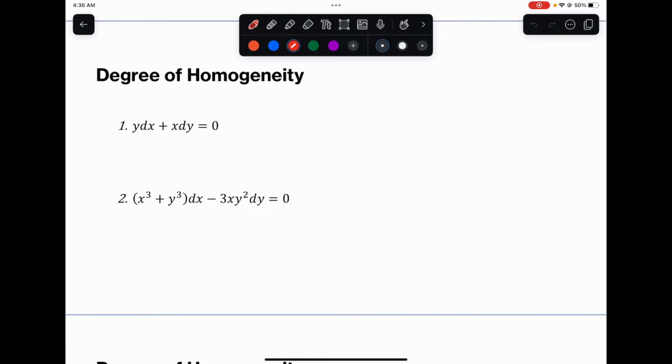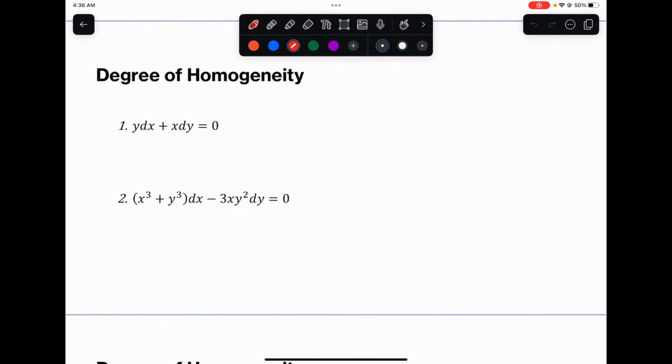But then we have the degree of homogeneity. The idea of the degree of homogeneity is very useful in the process of finding the general solution of a differential equation, because once we know the degree of homogeneity, that would be the term that we can cancel out later on.